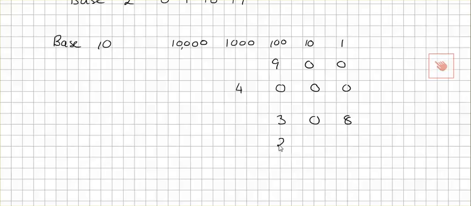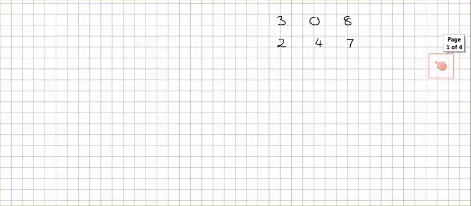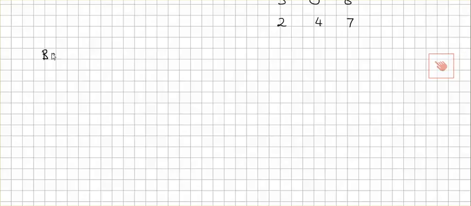But if I had 2, 4, 7, you say that number as 200, 4 tens, 7, 247. Okay? But when we dealt with base 2 or binary, we didn't have ones, tens, we had ones.